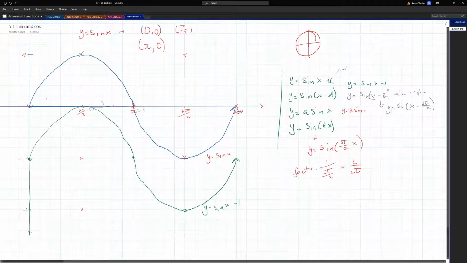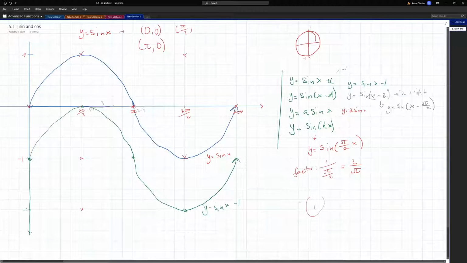Now we're going to multiply all the points we have found in our original function by 2 over pi. So 0 times 2 over pi is 0. Pi over 2 times 2 over pi is equal to 1. So our first point will now be at 1.